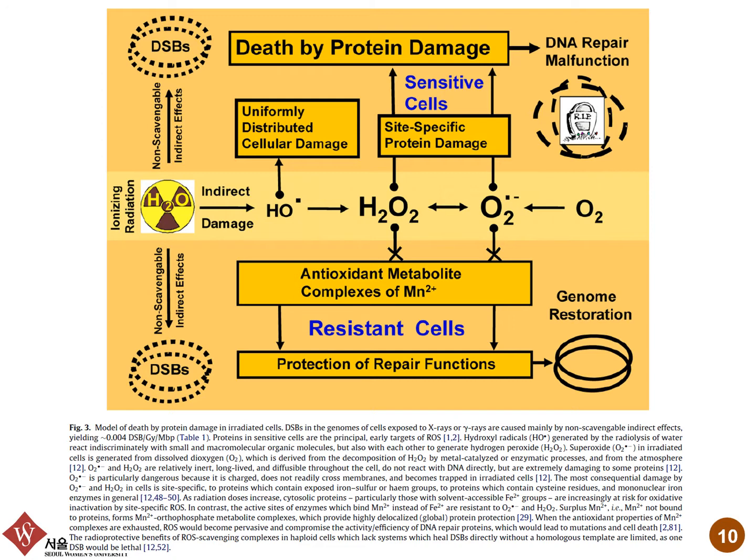This direction shows how the radiation causes cellular chemical changes inside the cell, and the top one is the sensitive cell and the bottom one is a resistant cell. In both cases, the ionizing radiation causes the indirect effect and makes double-stranded breaks.